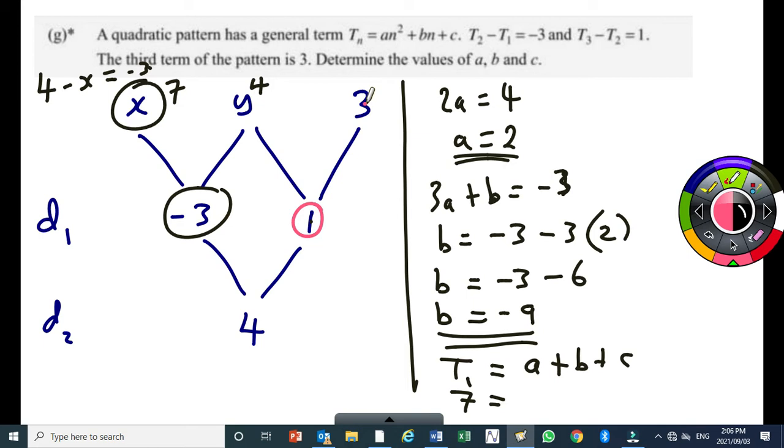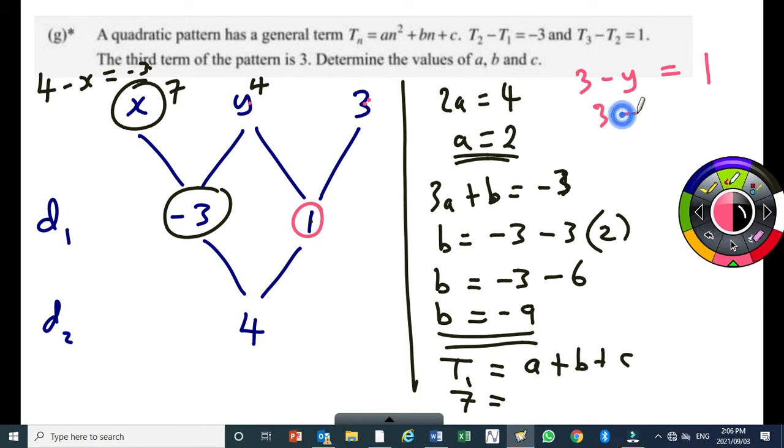If you want to get this 1, it's equal to T3 minus T2. So, if I do basic math, 3 minus y will give you a 1. Then you take the minus y to the right, you get 3. So what's 3 minus 4? In actual fact, it's going to be a minus there.